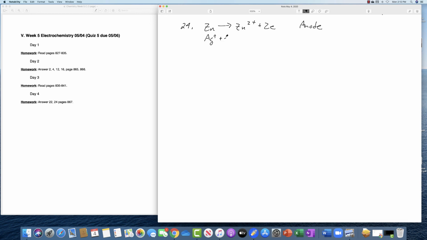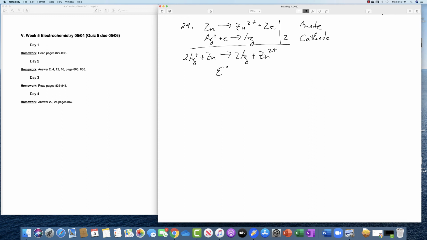So it's going to gain an electron and form a silver atom, and it's the cathode. Now it wants to know the overall reaction, so you have to multiply this bottom one by 2. So this is 2Ag plus zinc goes to form 2Ag atoms plus zinc ion.